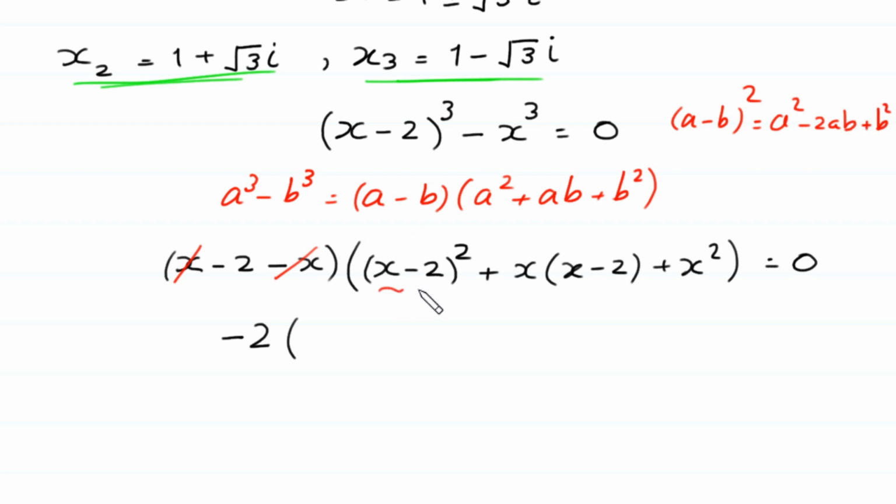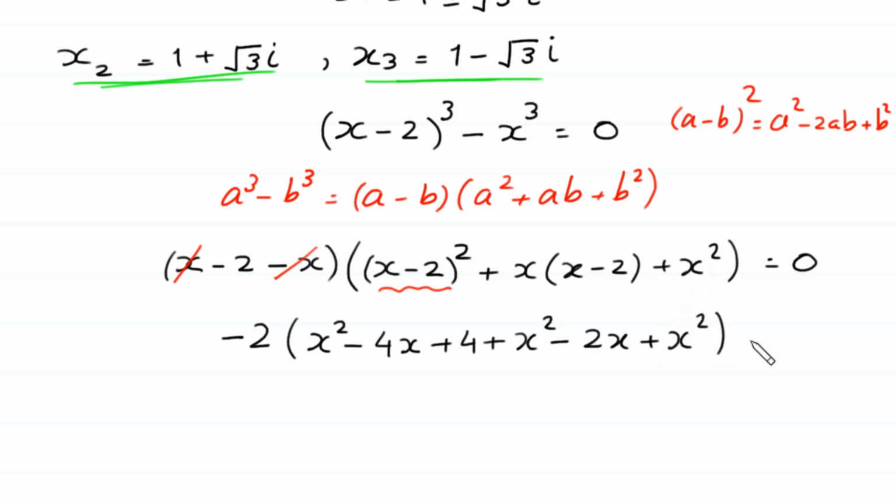This x minus 2 whole squared is equal to x squared minus 4x plus 4, and then plus x times x plus x squared, and plus x times -2 is -2x, plus this x squared is equal to 0.